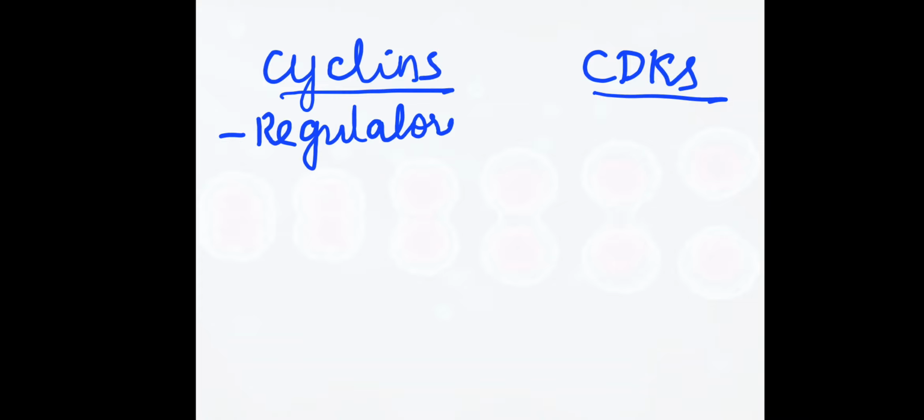So what are the two subunits of the protein complex we just mentioned? That is cyclins and CDKs. Cyclin is a regulatory component. It regulates. Then what about cyclin dependent protein kinase, that is CDKs?